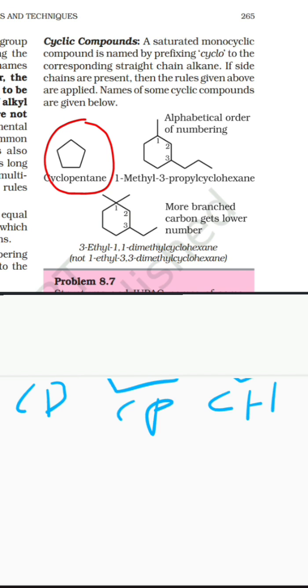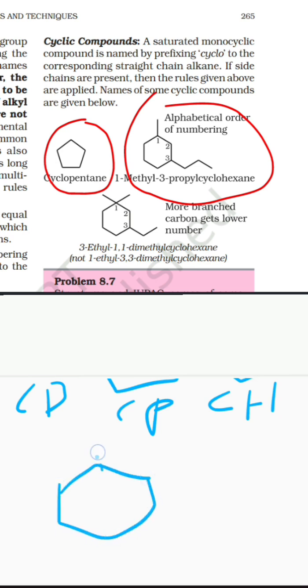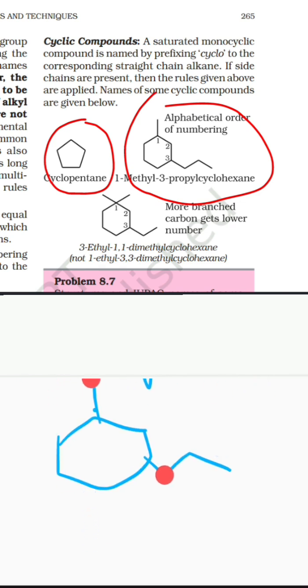So another example is given. This example. So here, methyl group is there here, and third position, this propyl group is there. So this is methyl, this is propyl group. So obviously in alphabetical order, M comes first, after that P comes. So this we have to give the first numbering, because it is M, methyl. This second carbon, this is third carbon.